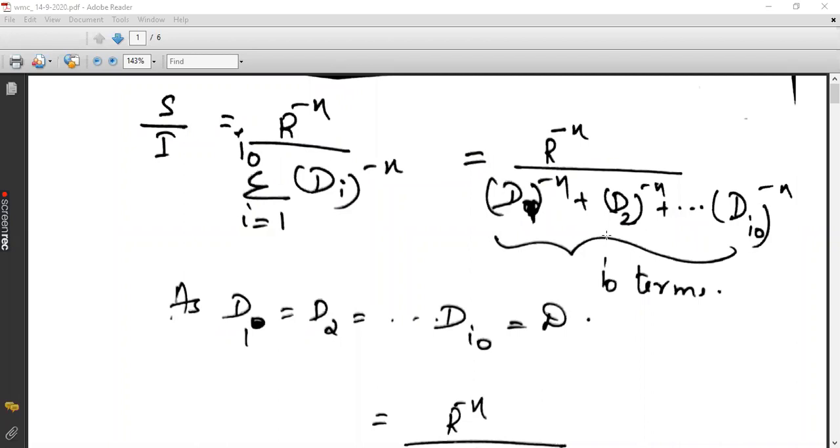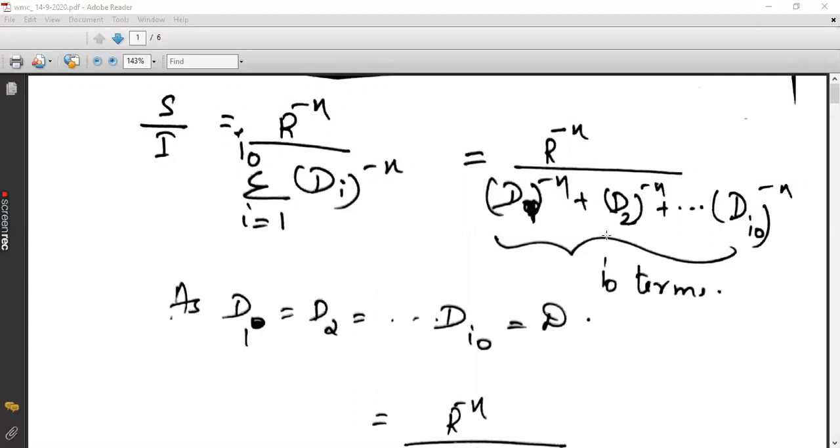That is why I have taken Di raised to minus n, where i represents the index of each cell contributing to interference. So it will be D1, D2, D3 up to Di0, whole raised to minus n.